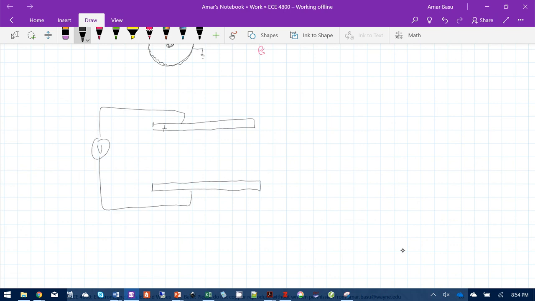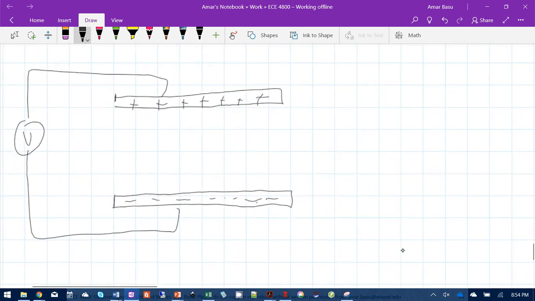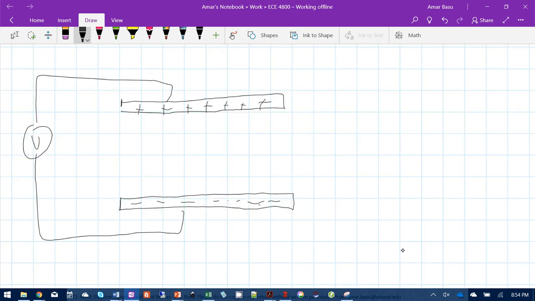You end up getting positive charges on this plate and negative charges on this plate. Now, this is a similar situation. Let's say we put a positive charge here. What direction is the electric field? Away from positive towards the negative, right? So this is your electric field.